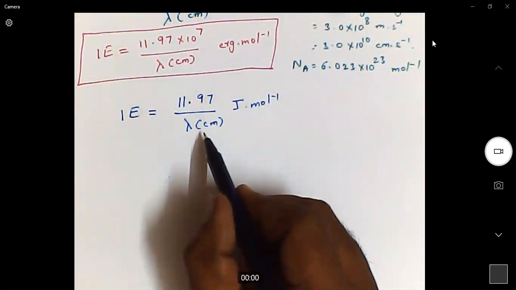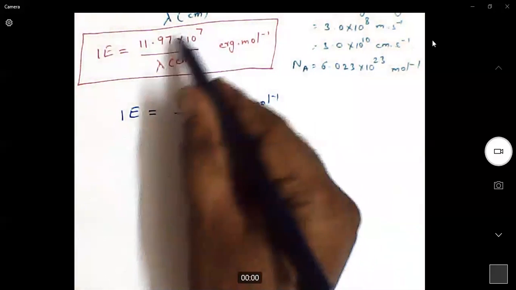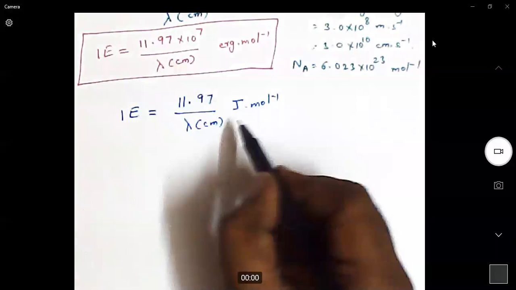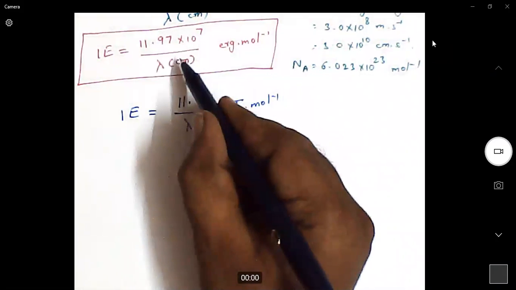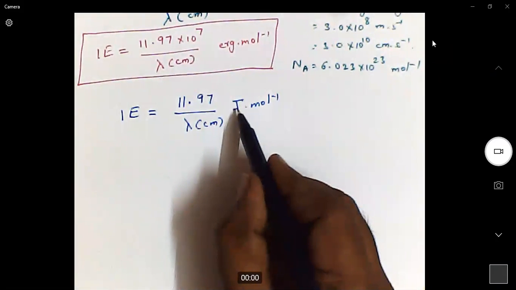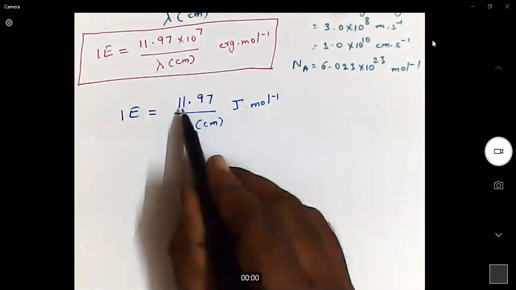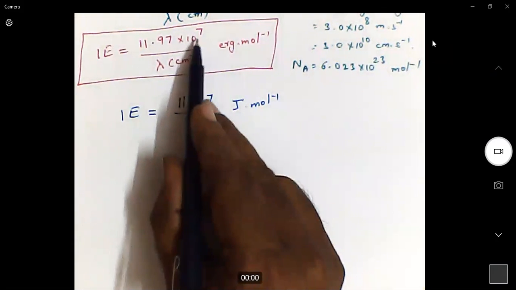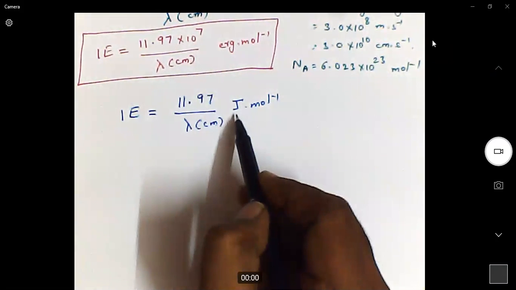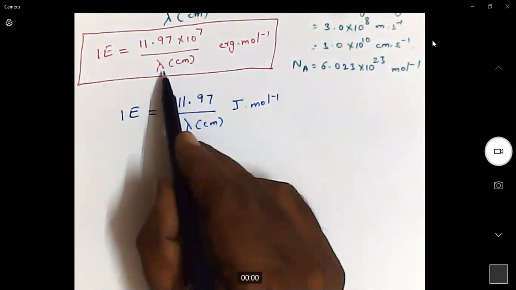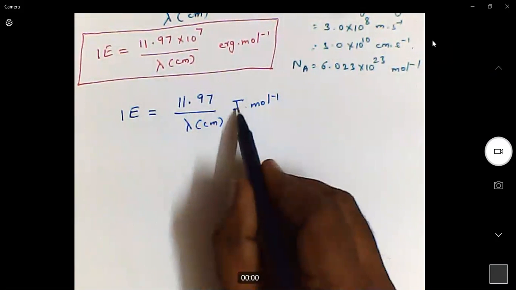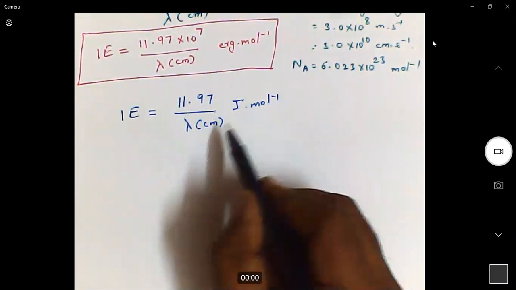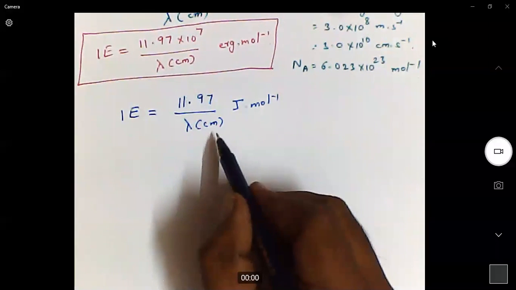We are converting lambda to centimeters and substituting it in this equation, but not this equation. Lambda in centimeters comes from this relation. We have just converted this 10 power 7 ergs into joules. Lambda, we did not change. So even when you are calculating the energy in joules per mole, we need to substitute lambda in centimeters.